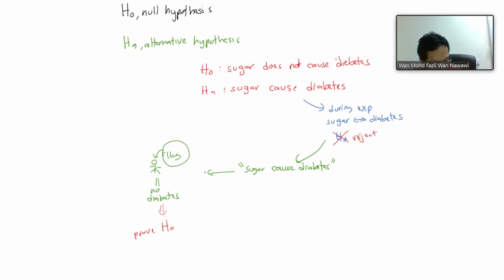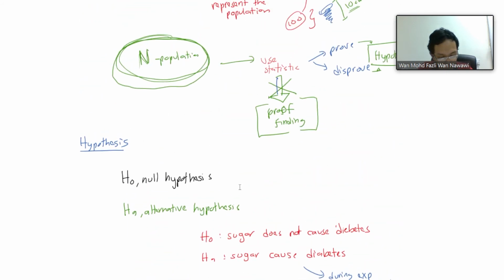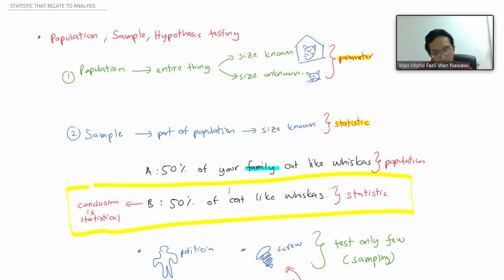Okay, so if somehow you find some person like that, that is basically it. So that's about the hypothesis. All this, whatever you do in DOE, is based on your hypothesis.